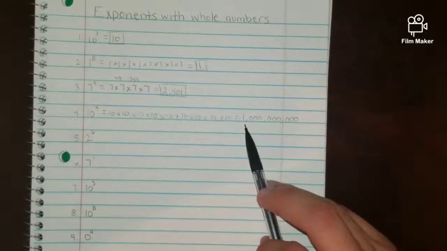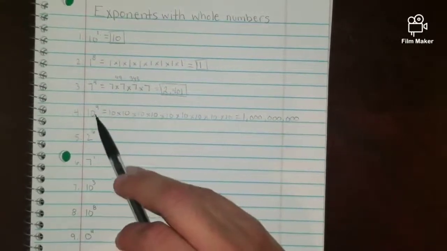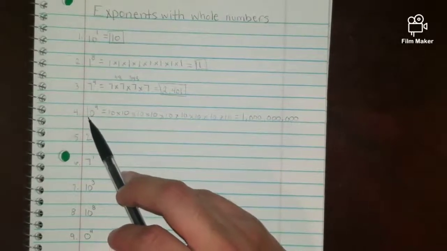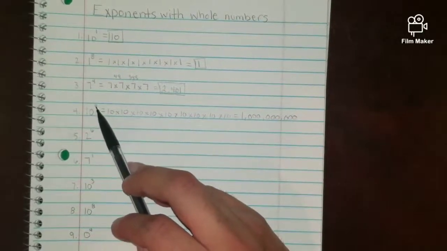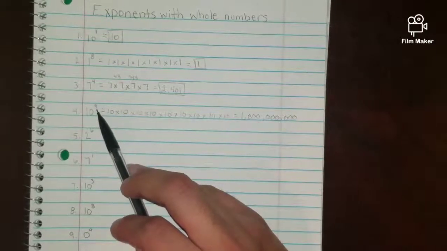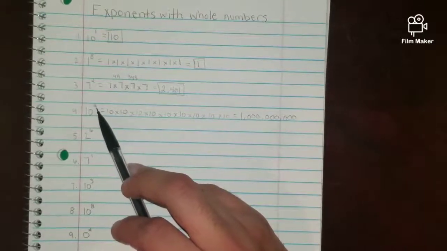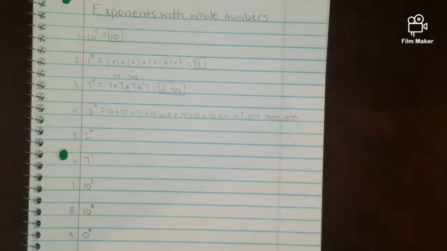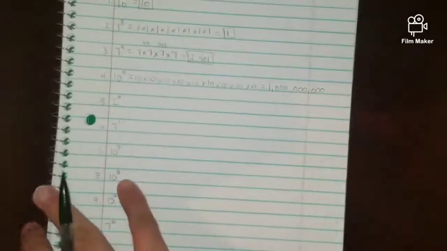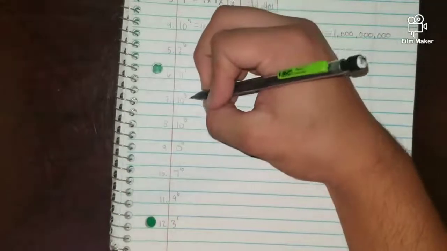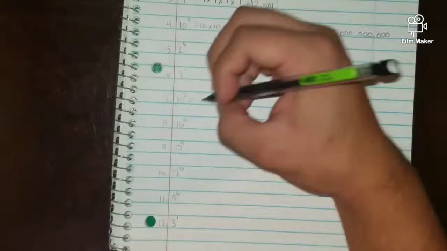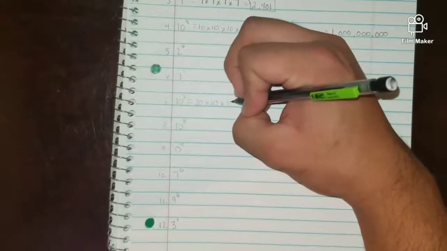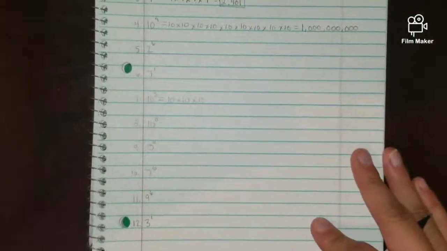And that's a trick for an exponent with a 10 in it as the base. If the base is 10, you just take the exponent and put as many zeros as the exponent has. Here's another one that I can do. We have 10 to the third. That would equal 10 times 10 times 10, as you can see right there.